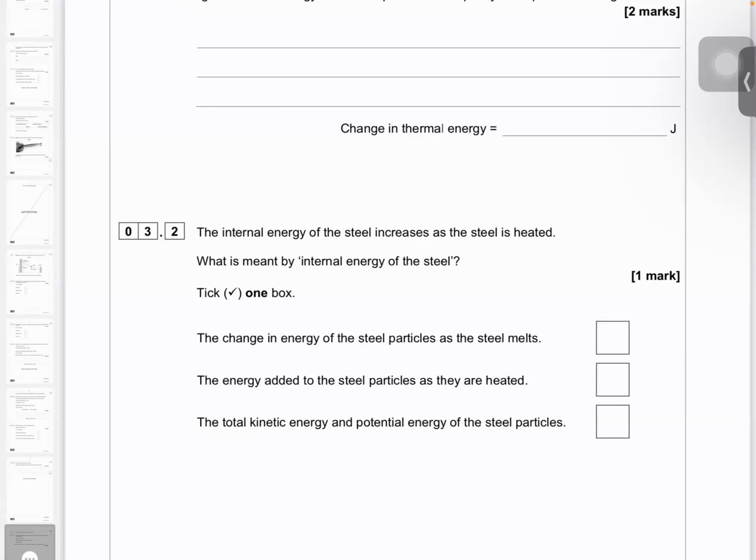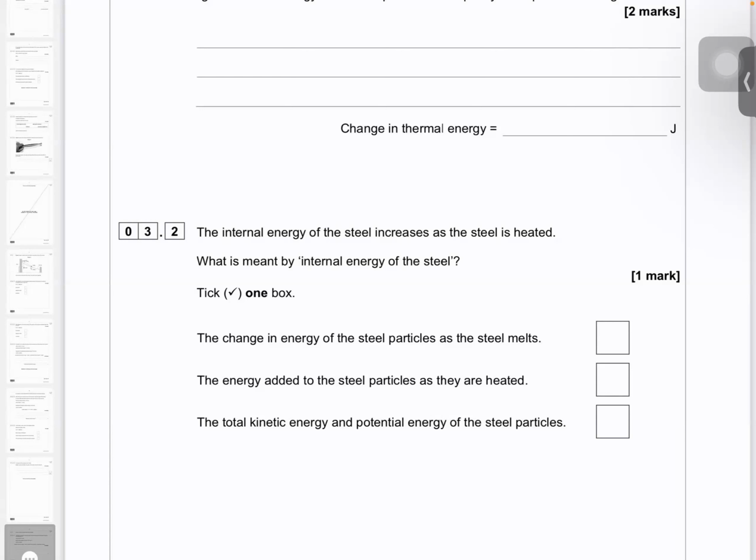Not exactly. The energy added to the steel particles as they are heated. I think that middle one sounds like the correct thing. But let's look at the third one. The total kinetic energy and potential energy of the steel particles. Okay, that looks like it.